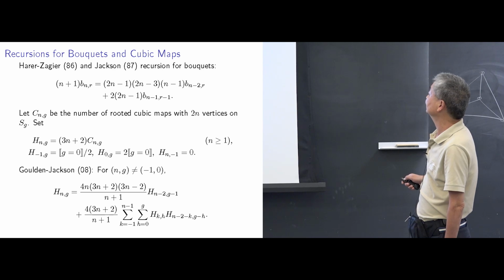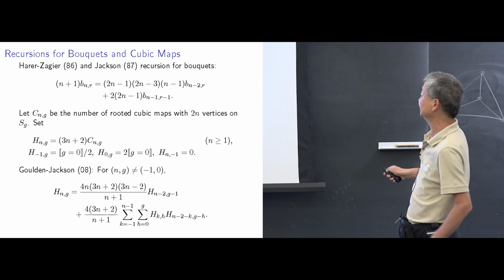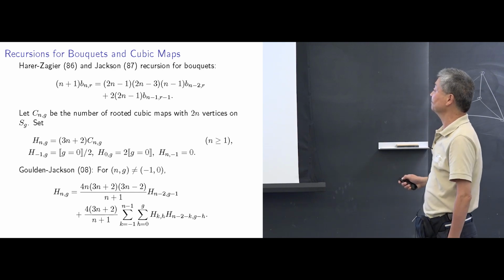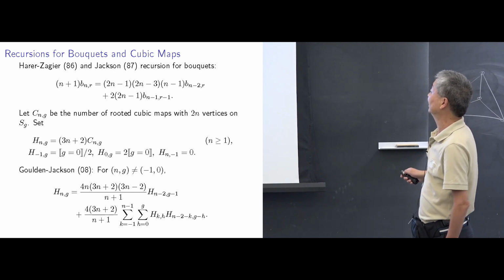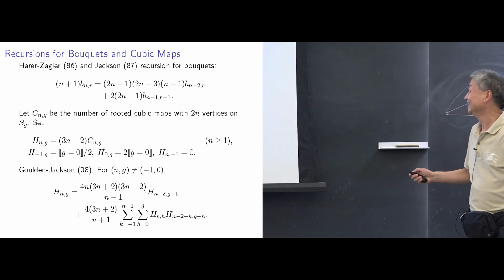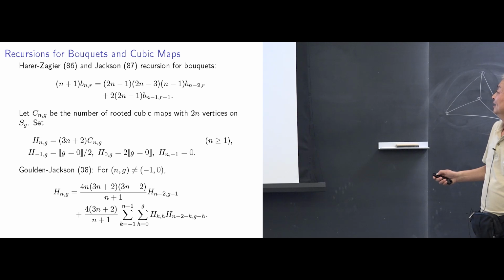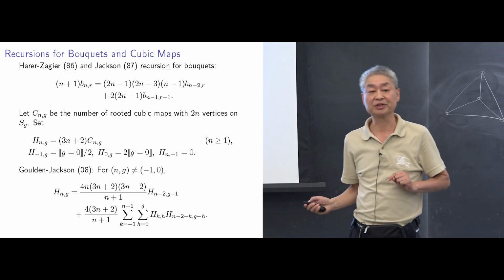And this recursion, for example, for the number of bouquets, the embeddings of the one-vertex map, was independently discovered by Hale Zeger and David Jackson from here, of course. And Jackson's proof of this recursion is by using the so-called rotation system.